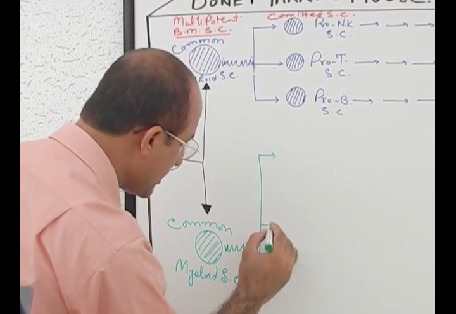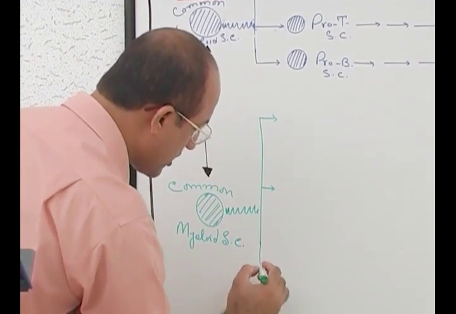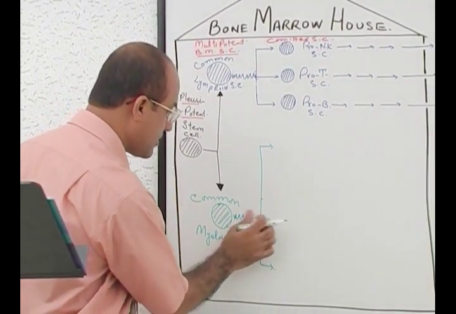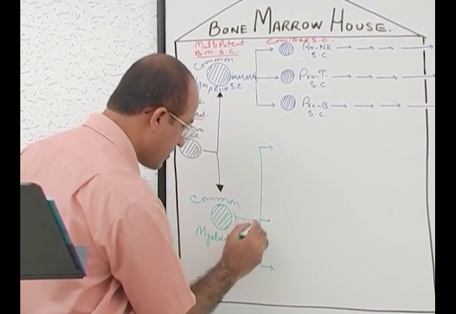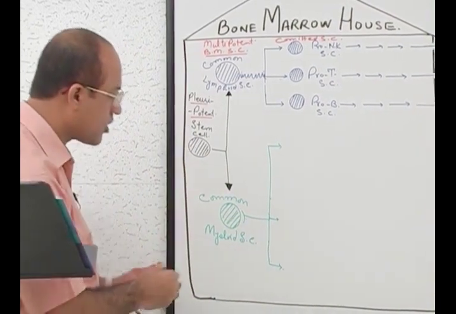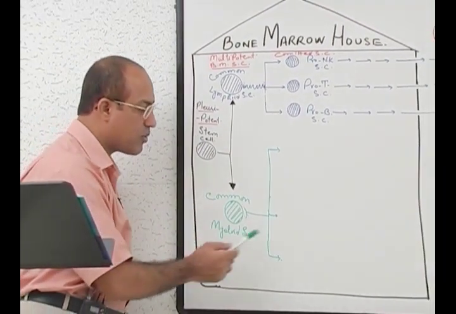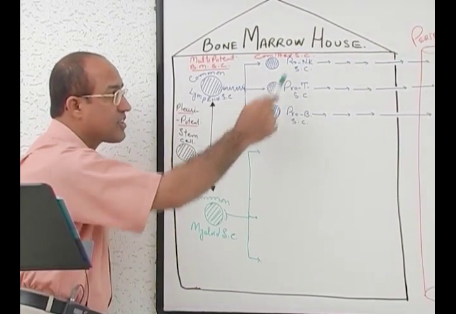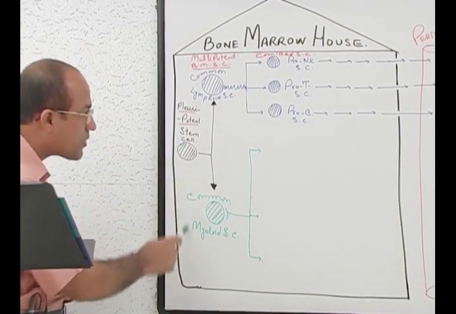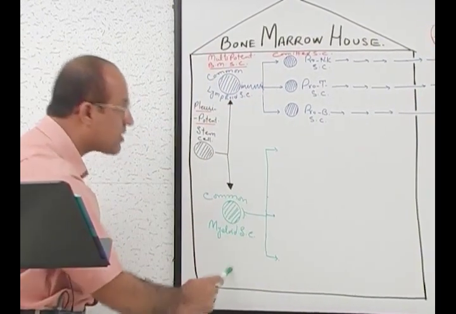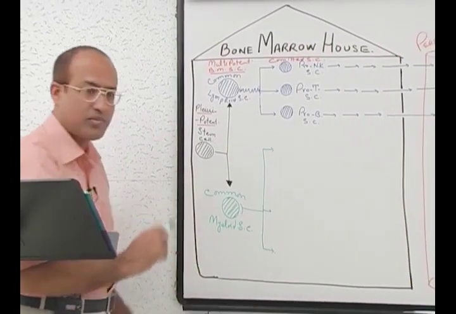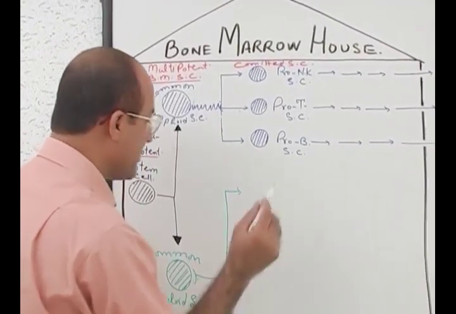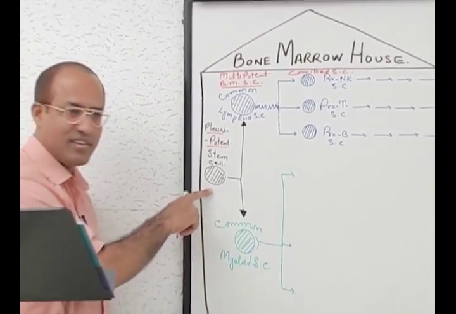And all these 3 should be considered committed stem cells, right? Again, let me repeat it because it's worth repeating that common myeloid stem cell will divide into 3 types of committed stem cell, because these were pluripotent stem cell, then they were multipotent stem cell, then they were committed stem cells, because they have made a commitment to produce certain types of cells. But this cell was not committed. Is that right?